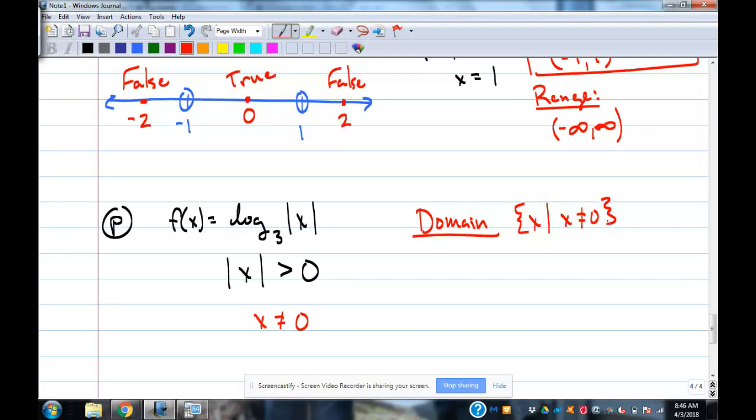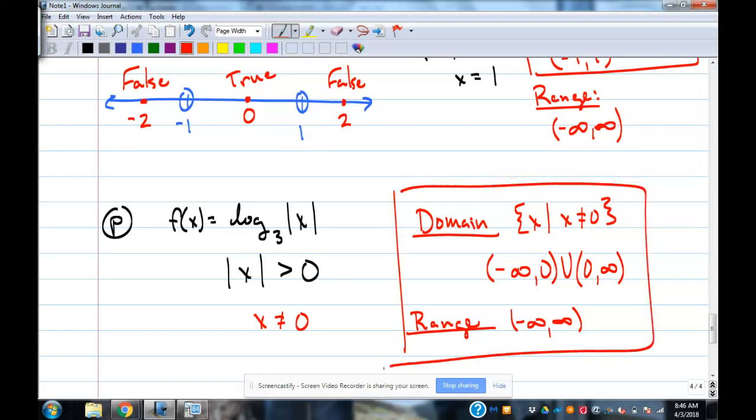What's the interval notation for that? There you go. Good job. What's the range? Guess what? It's the same. Yeah, doesn't change. Simplifies life for that range. Doesn't change. Pretty nice. Okay.